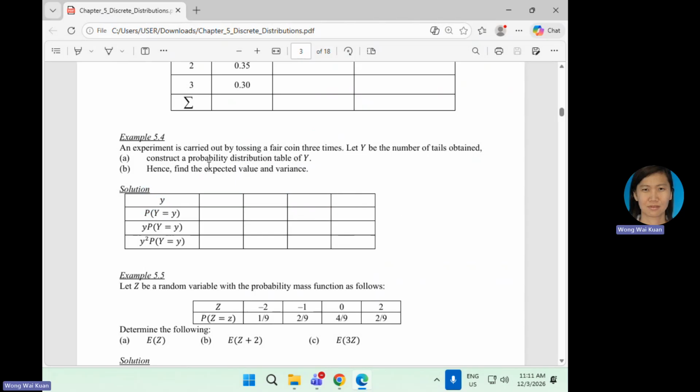Okay? So now, what are the possible values of Y? You toss the coin 3 times. How many heads can you get? How many tails can you get?